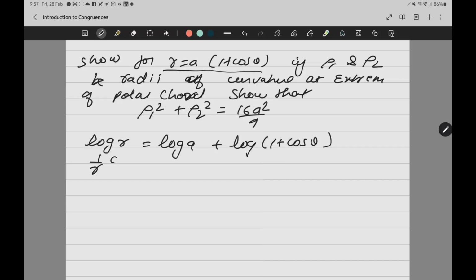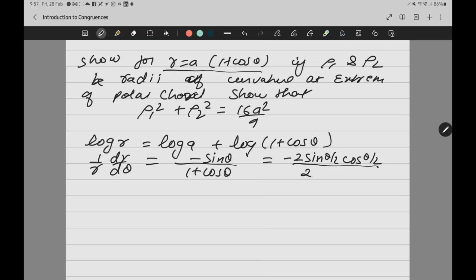Right? 1 by r dr by d theta is equal to minus sin theta upon 1 plus cos theta. Right? And this is nothing but minus 2 sin theta by 2 cos theta by 2 upon 2 cos square theta by 2, which is nothing but minus tan theta by 2.